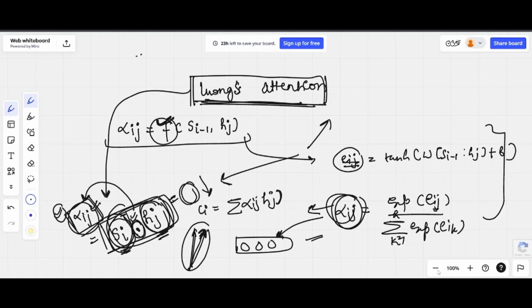It represents how important h_j is in calculating the output at that time step. And what is the output at that time step? s_i, obviously, even the word that you are getting as output is also based on s_i, right?